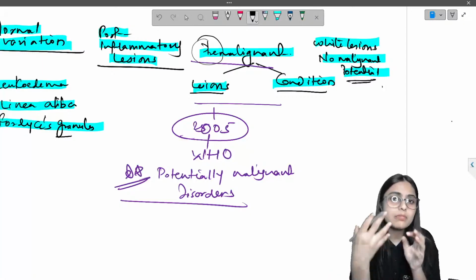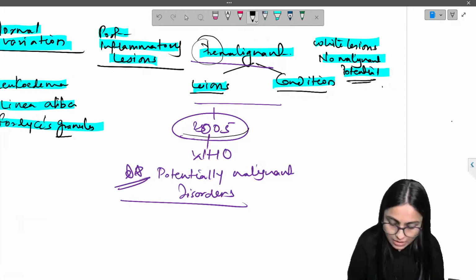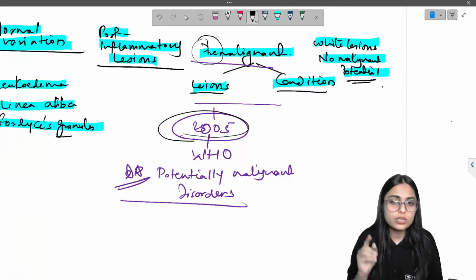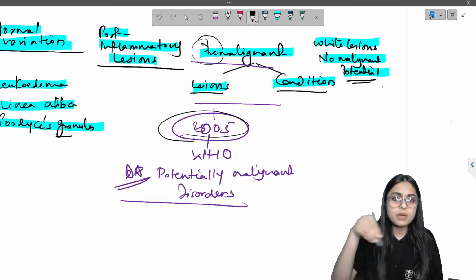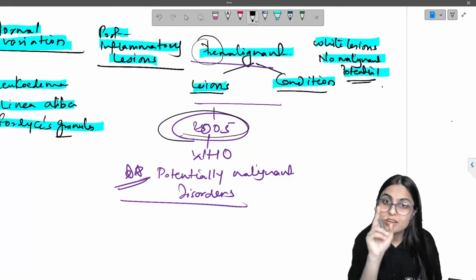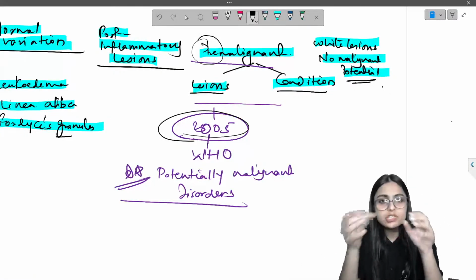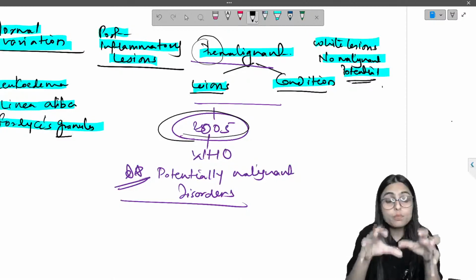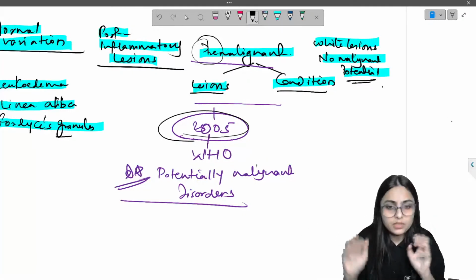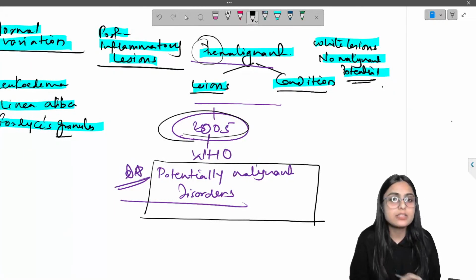So what WHO has done in 2005, a very, very important point, star mark it. In 2005 WHO renamed all of these lesions and conditions, grouping them under one term. Which is that term? Potentially malignant disorders.